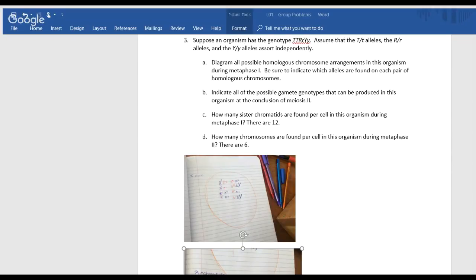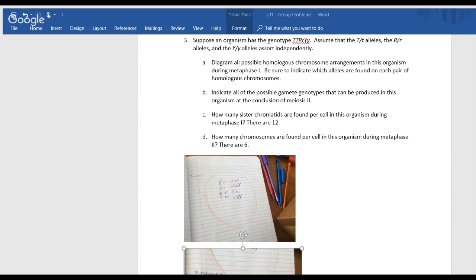Because of replication, ultimately you're going to have big T, little t, plus big T, little t because of the sister chromatids, big R, little r, plus their sister chromatids, big Y, little y, plus their sister chromatids, and that gives you 12.